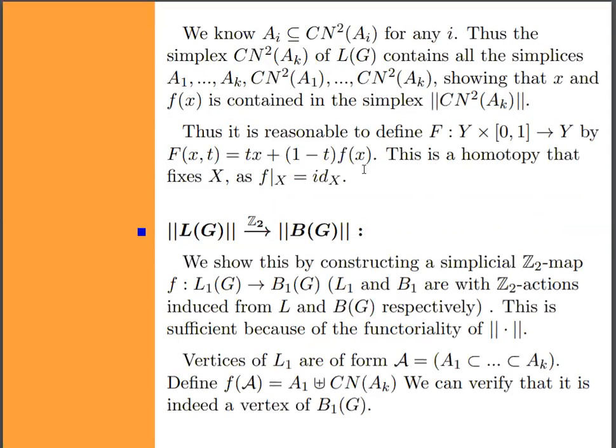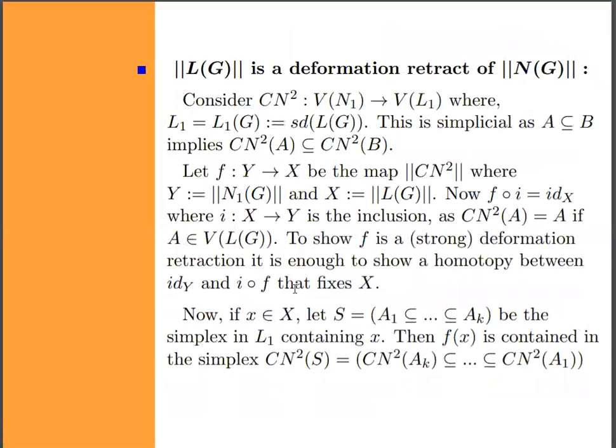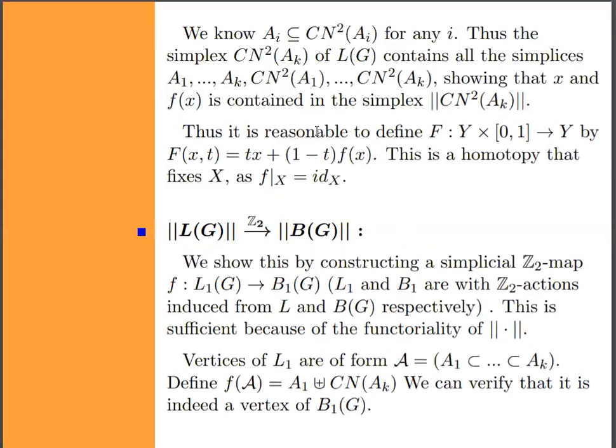So what we have is, given a point X in the geometric realization of L of G, that point X and its F of X are contained in a single simplex of N of G. Not in the simplex of the subdivision, but in the simplex of N of G. So we can just define the homotopy on that simplex to be just a straight line homotopy.